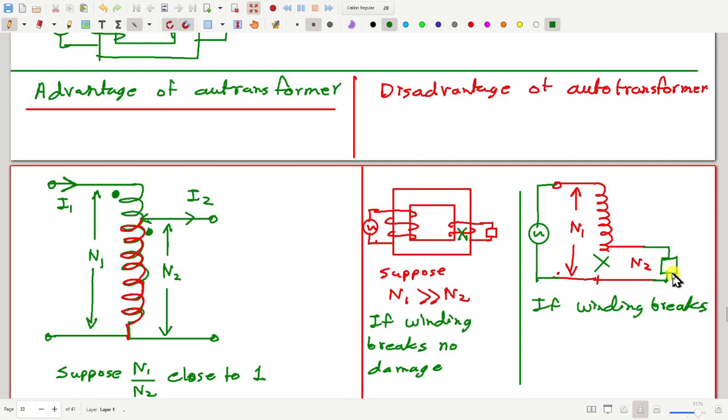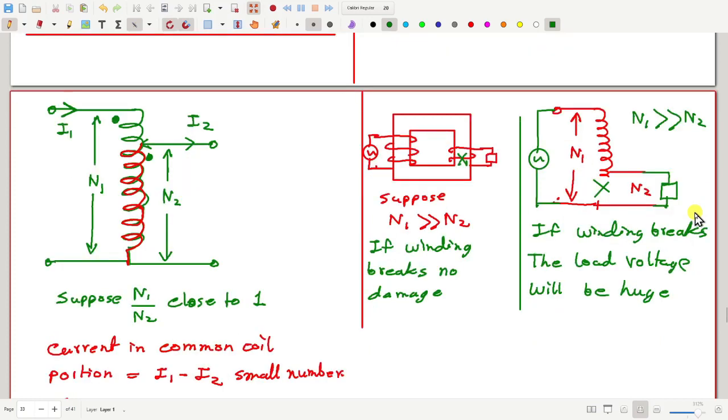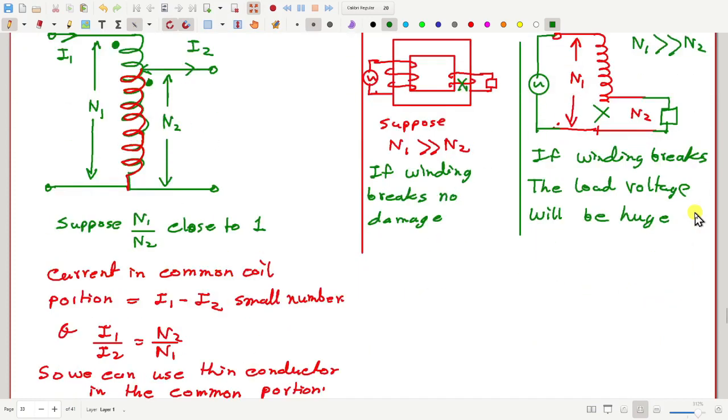How much voltage does the load experience? The load voltage will be equal to the source voltage. There is a direct connection now, and the load will get immediately damaged. The load voltage will be huge, assuming that N1 is much larger than N2. So that's a problem.